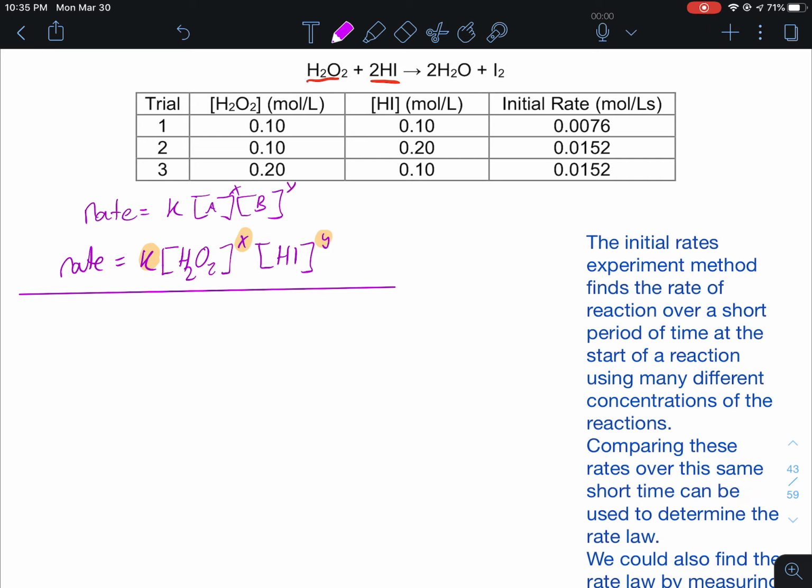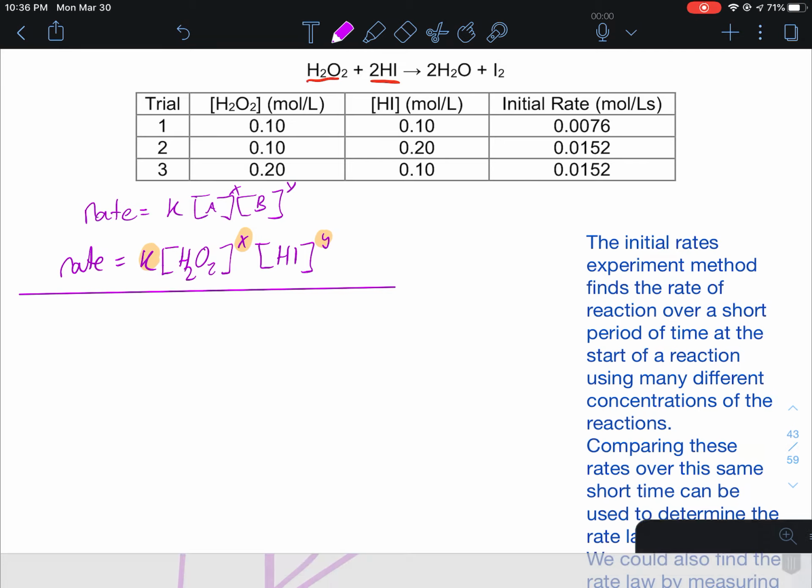For the full method, we want to take the ratio of two rates and then use it to determine the value of x and y. The reason we do this is that by choosing a ratio method, we can eliminate the constant k.